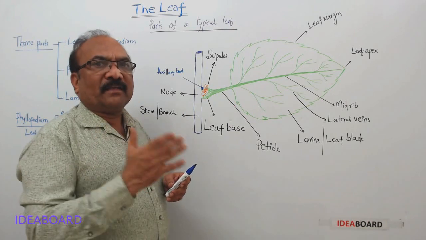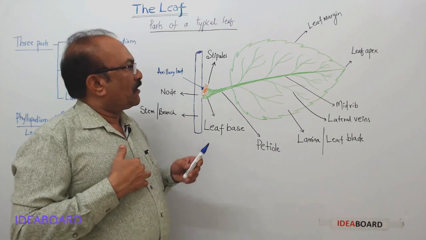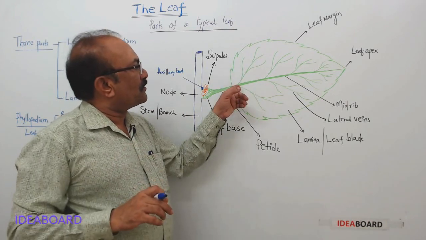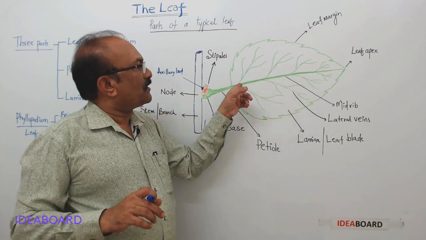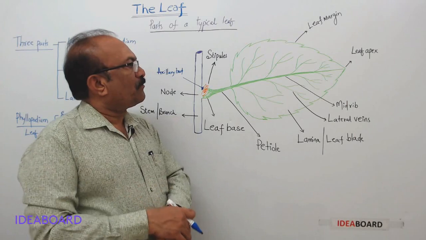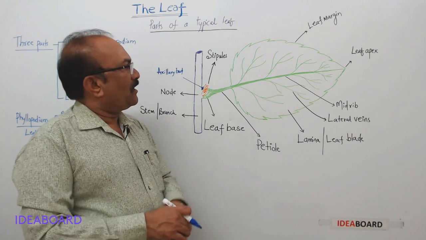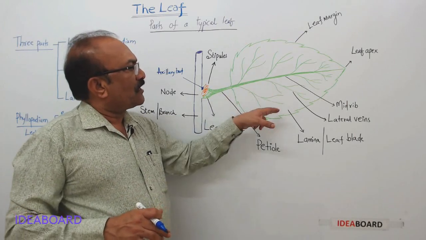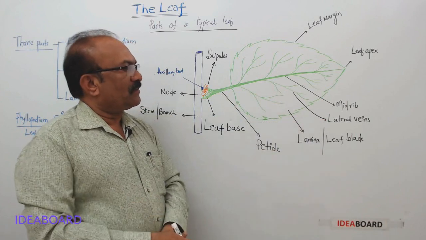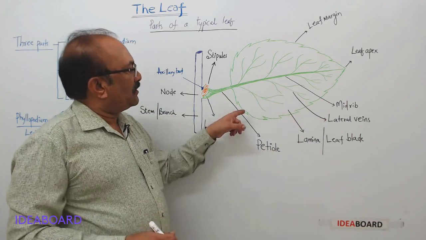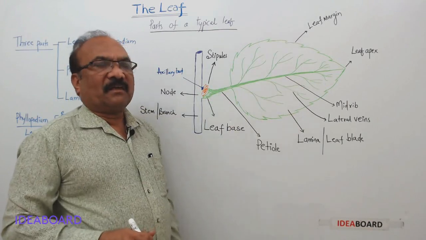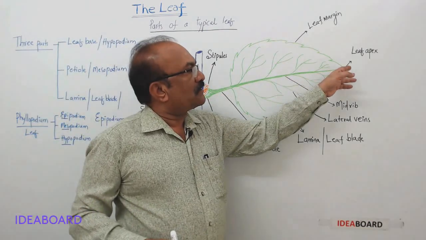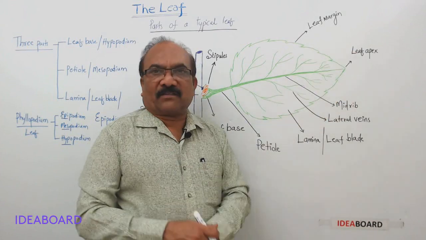Venation. Among these, you can see one thick vein here, and that is called the midrib or midvein. And it is producing some branches, and the branches are called what? Lateral veins. And what do you call this one? The leaf margin. And this tip of the leaf is the apex.